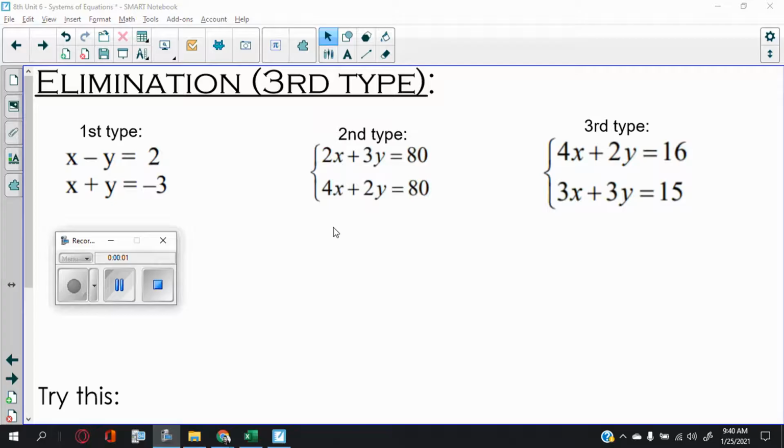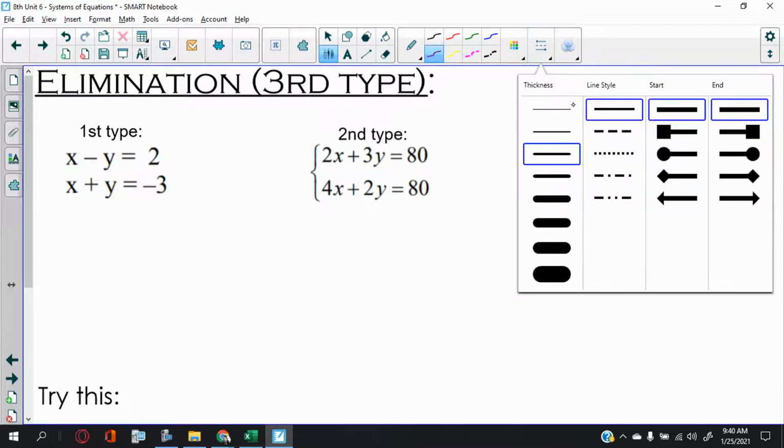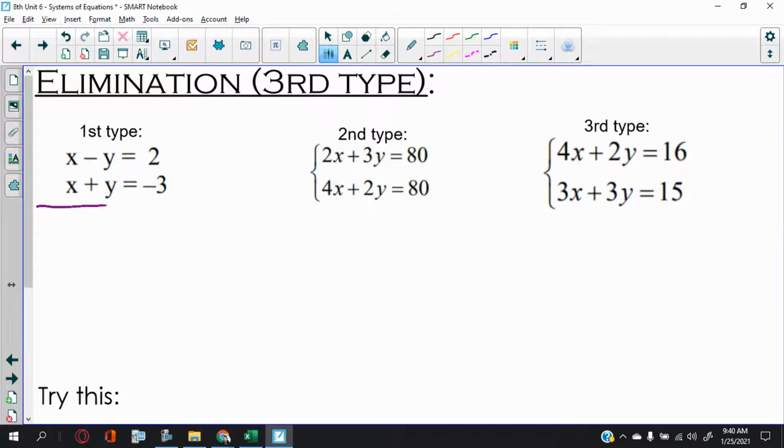All right. So now, in order for you to see fully what a type 3 question is, let's take 2 steps backwards and see what type 1 was and what type 2 was, not what type 3 will be. So this is the first type, and we'll just solve it very quickly.